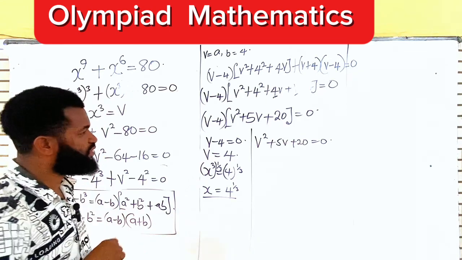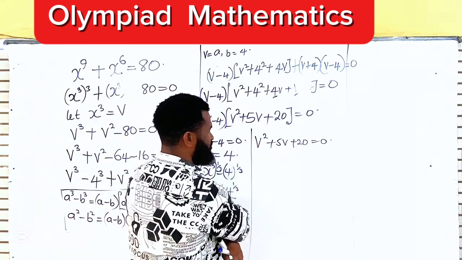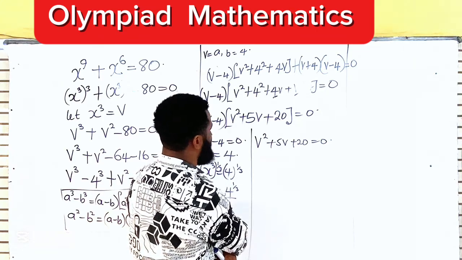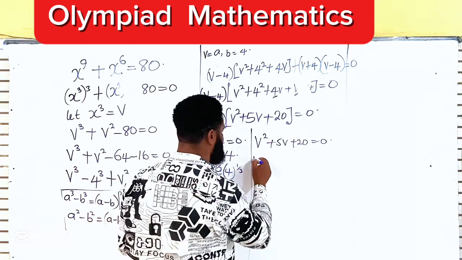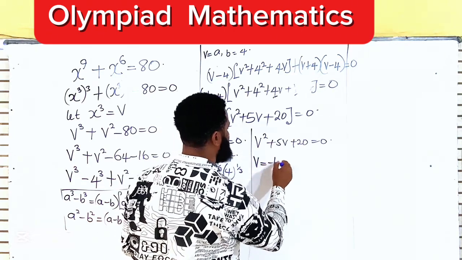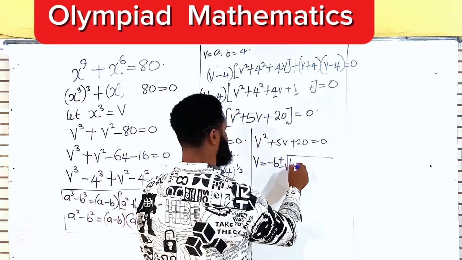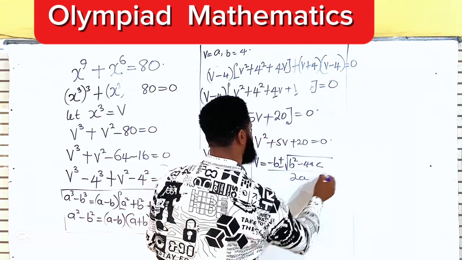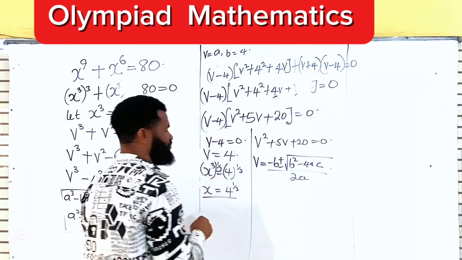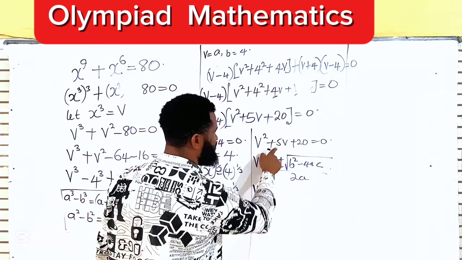So at this point, factors of 20 that will give me 5. Wow, this cannot work. I'm going to use the quadratic formula. So V is equal to minus B plus or minus square root of B squared minus 4AC all over 2A. So I'll have that V is equal to minus 5.